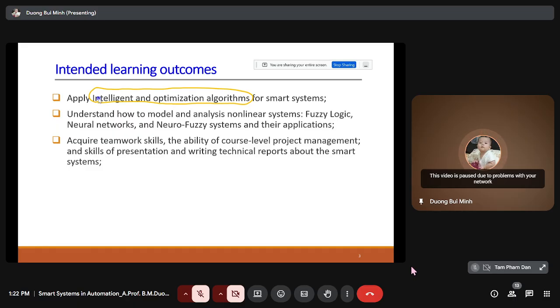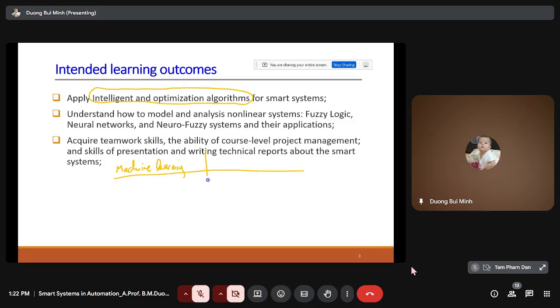So what is the difference between machine learning and optimization methods? Very different. For machine learning, you should have as much database as possible.